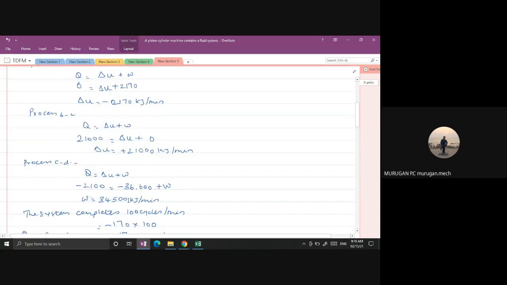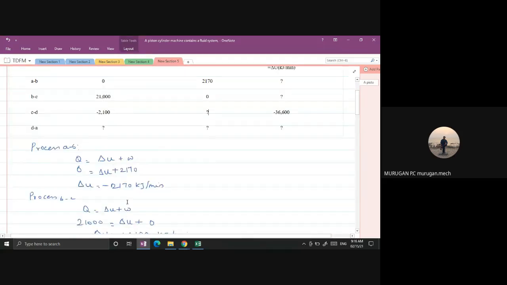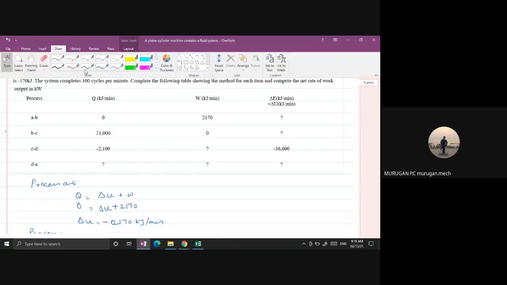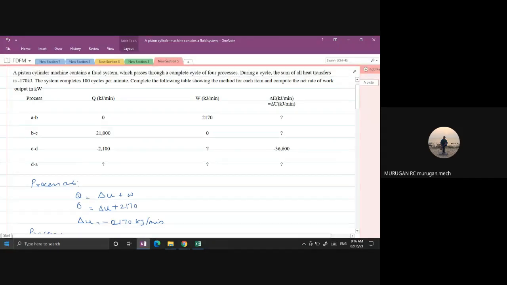So we have completed all these data. Let me write it first. Whenever you find it, we have to fix it. So what is the answer for delta U? Minus 2170. For B to C, 21,000, sir.